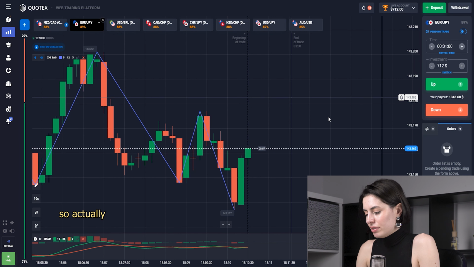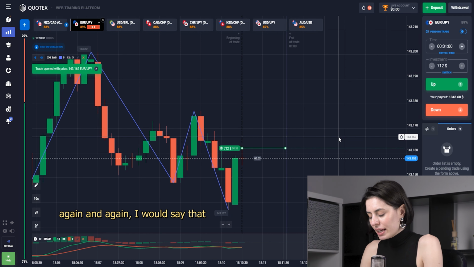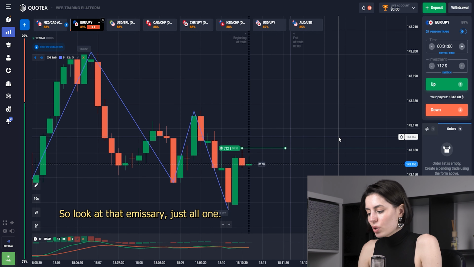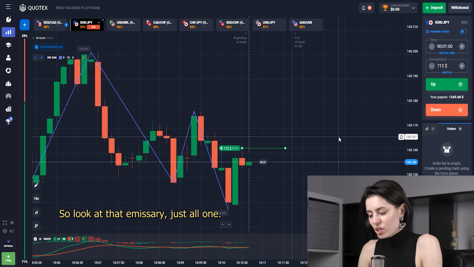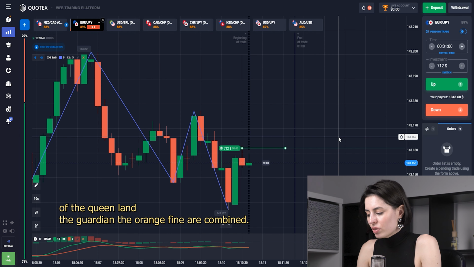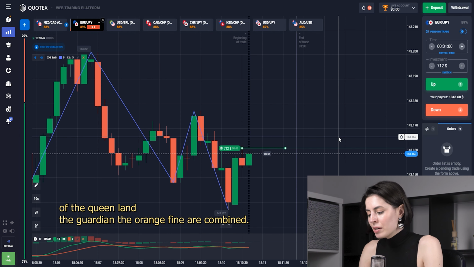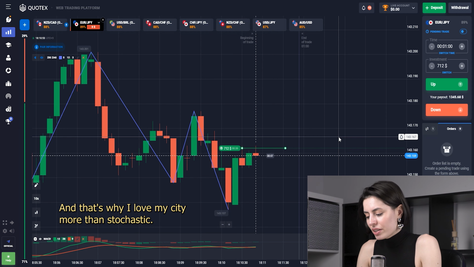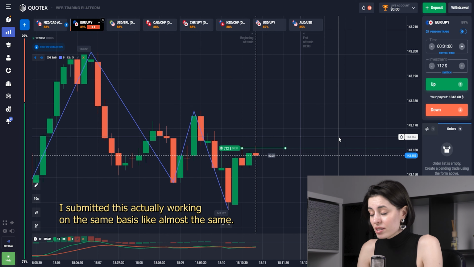So actually, again and again, I would say that with this candle period, zigzag is quite a nice one. Look at that, MACD, all the lines of it. You know that it's important, this crossing and the position of the green line regarding the orange one. They are combined, and that's why I love MACD more than the stochastic oscillator, which works on almost the same basis.